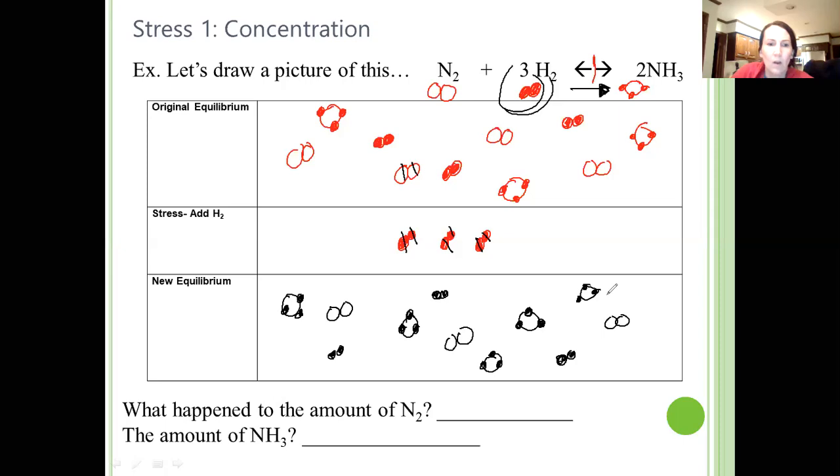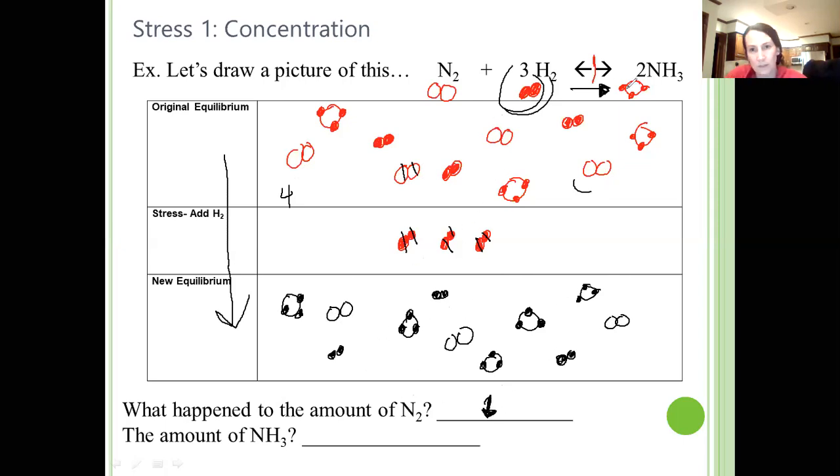So what happened to the amount of N2 as we go from the original to the new? In the original, I had 1, 2, 3, 4 N2s, and now I only have 1, 2, 3. So as I proceeded to the right, the amount of N2 went down, decreased.